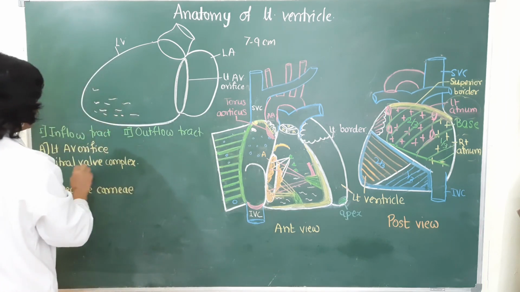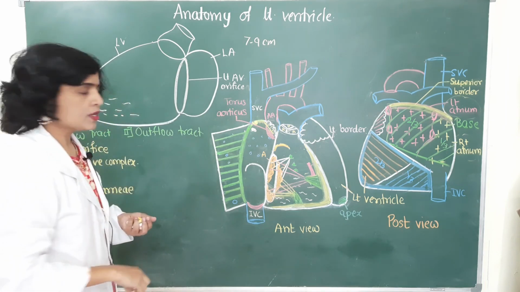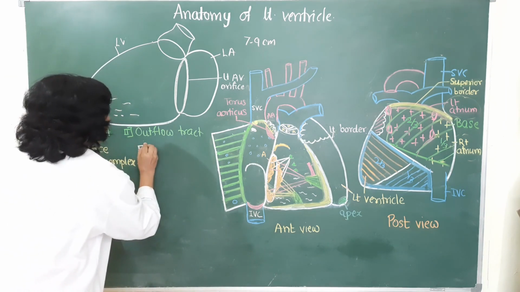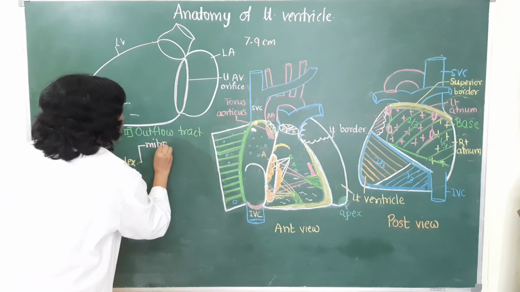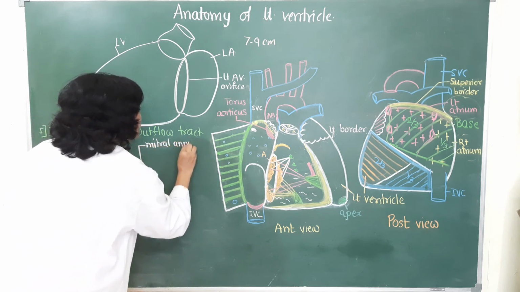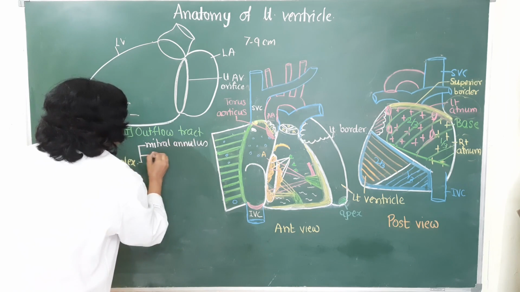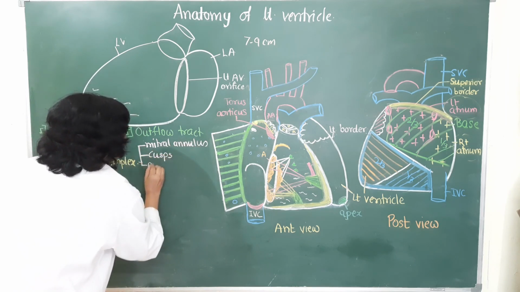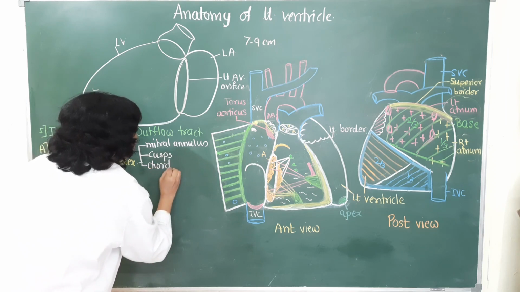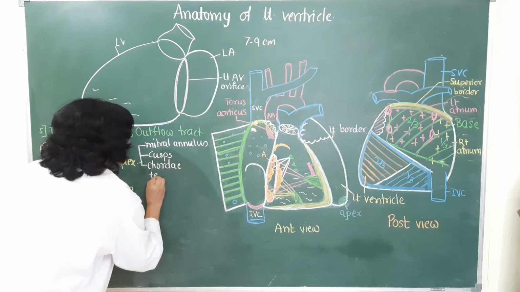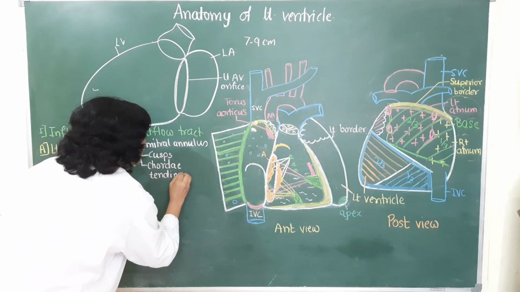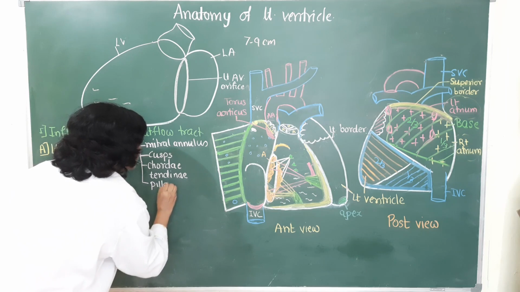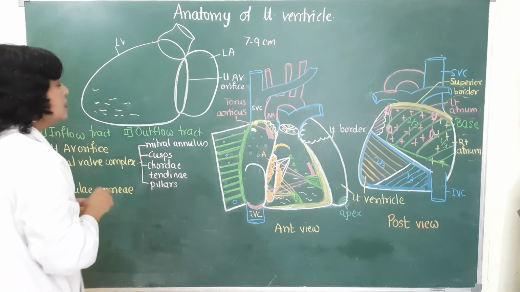Coming to the next, that is the mitral wall complex. This mitral wall complex consists of four components: mitral annulus, cusp or leaflet, chordae tendineae, and pillars or papillary muscles.